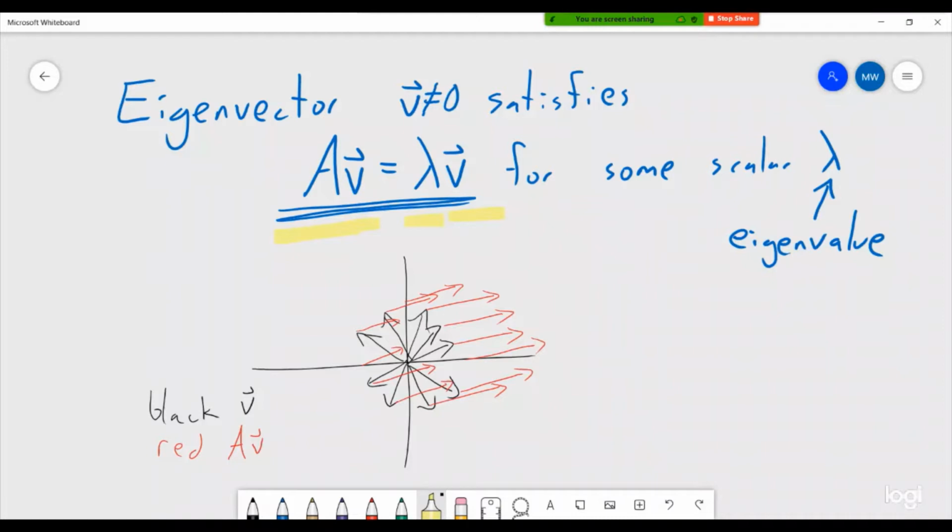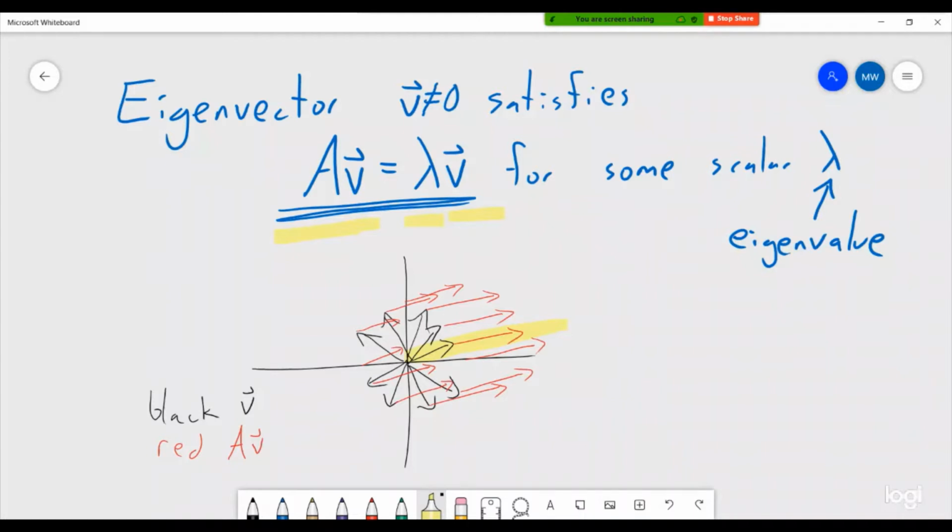So it's a vector that is pointing in the same direction as its original vector, along the same line. The highlighted vector there is going to be our eigenvector in this diagram, because the transformation of the vector is still pointing in the same line as the original vector.